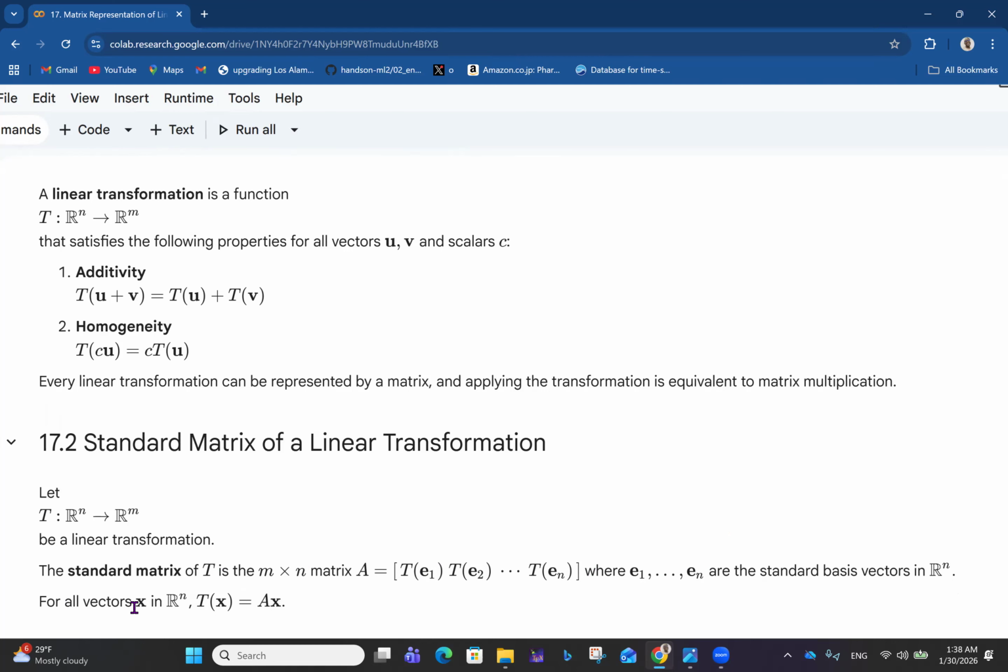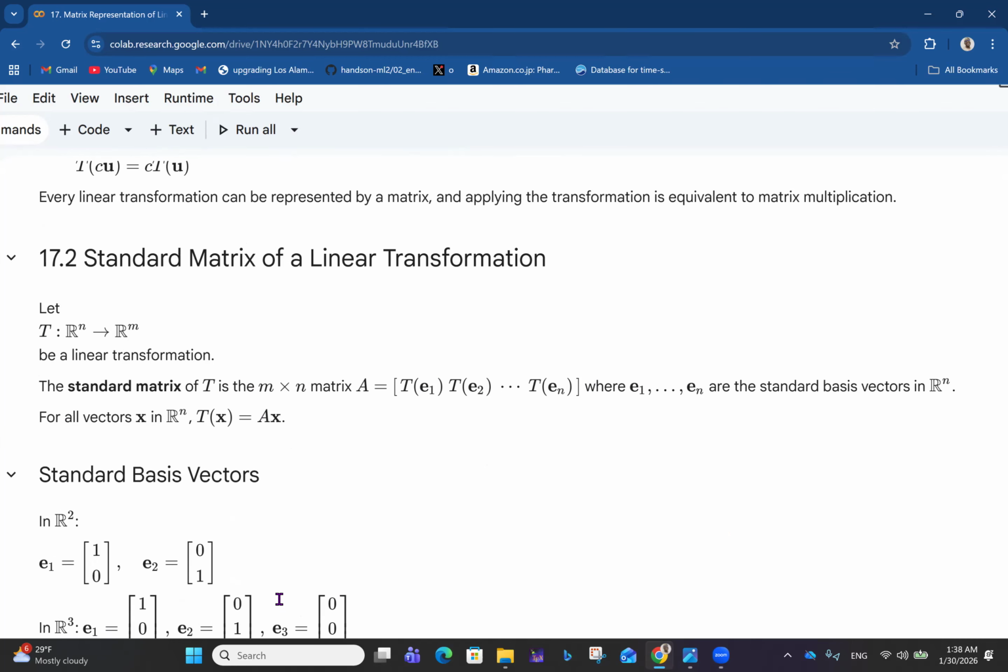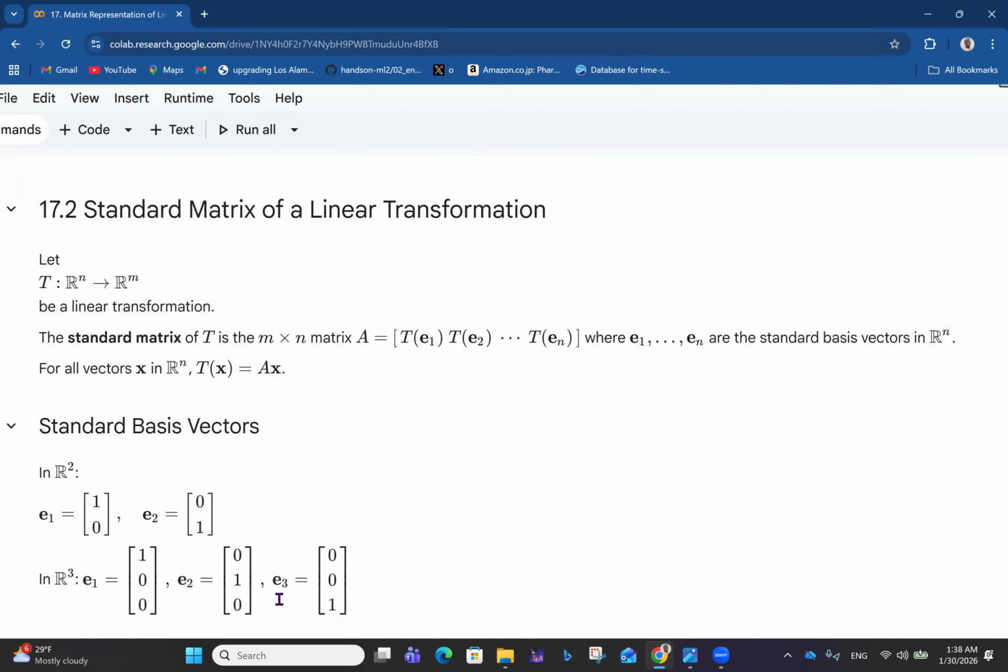So for all vectors x in Rn, we have that the transformation of x is always equal to Ax. And of course, A is a matrix of certain values, as you're going to see in a jiffy.